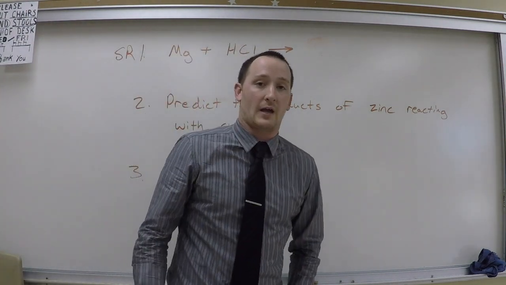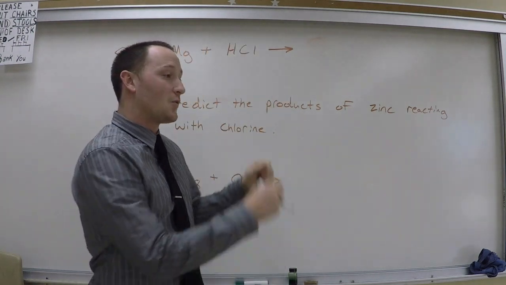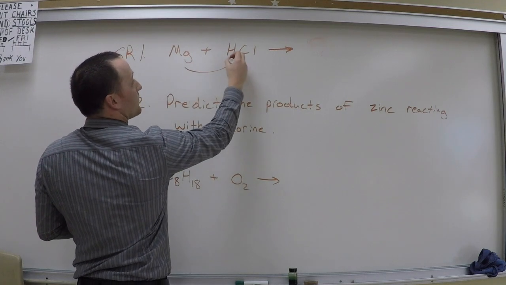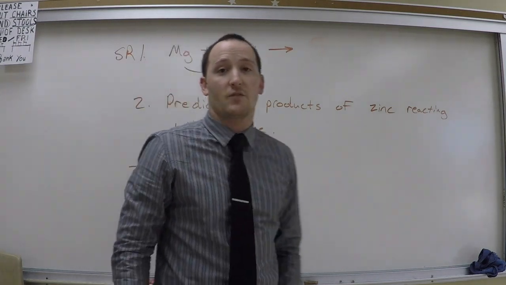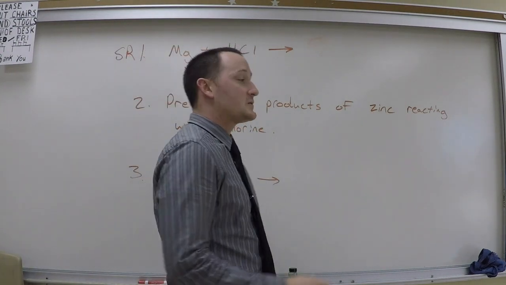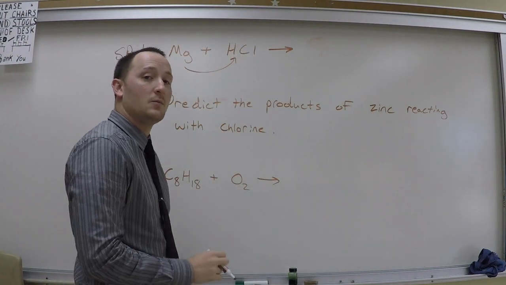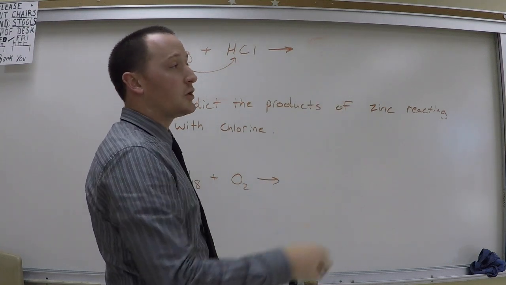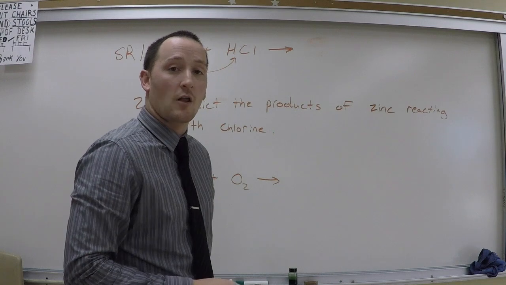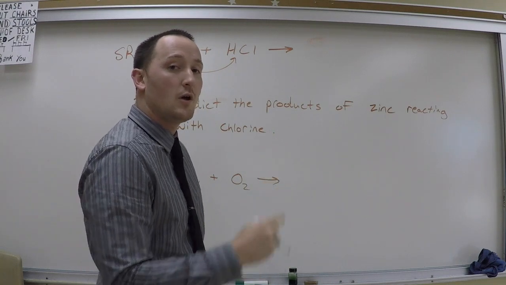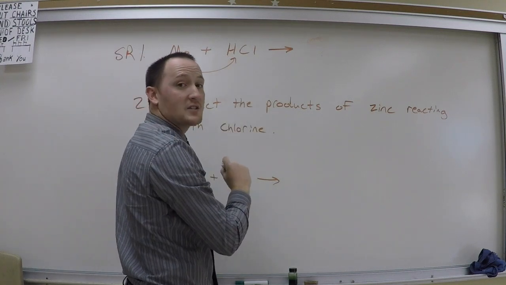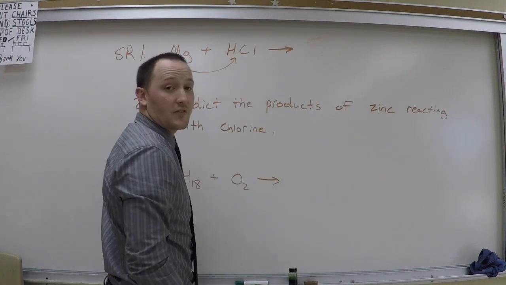Now in a single replacement reaction, what's going to happen is one element, this one, is going to kick out one of these elements. It's either going to be the hydrogen or it's going to be the chlorine. How you know that is by the charge that magnesium wants to be. So what you have to do is look on your periodic table. You find Mg. It's on the left side. It's in column 2, and it wants to form a +2 charge. What that means is that magnesium is going to kick out the positively charged ion in this compound.